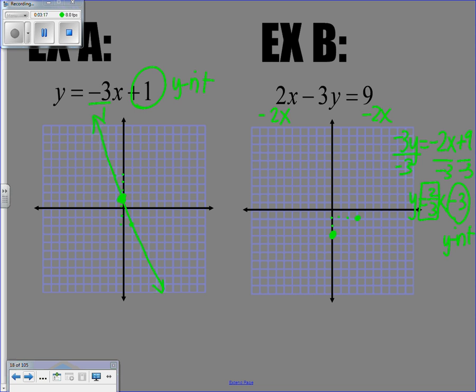Okay, so I went up and to the right. I could have also gone from my point down 2 and to the left 3 and put another point, because down and left would be a double negative, so that it would still make it a positive. Okay, so key ideas here, always put your y-intercept up first and then make your slope from that point.